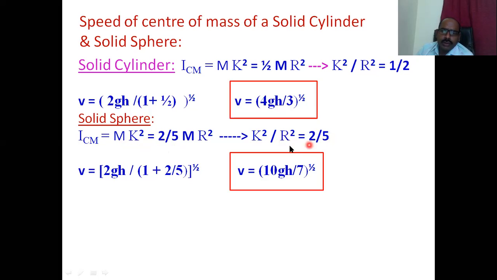Writing this 2 by 5 in the equation of v, it is the square root of 2gh by (1 plus 2 by 5), that is 7 by 5. So 2 divided by 7 by 5 is equal to 10 by 7 gh whole power 1 by 2. This is the equation for velocity of a rolling solid sphere on an inclined plane. We have seen these equations.